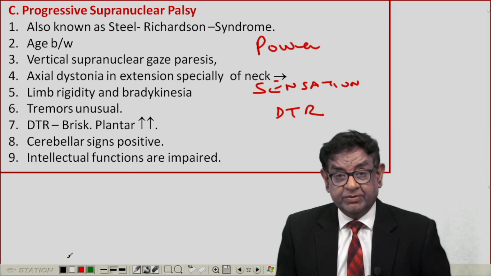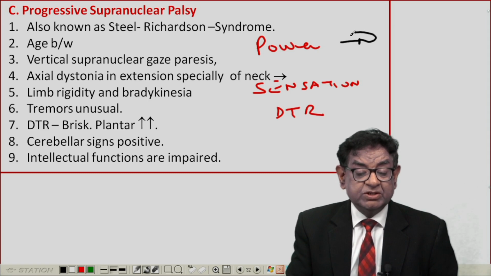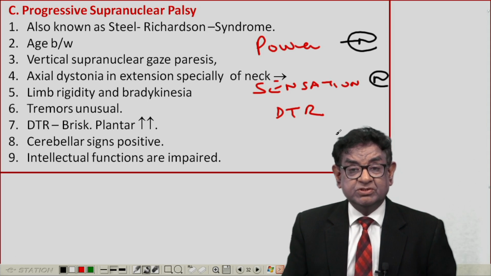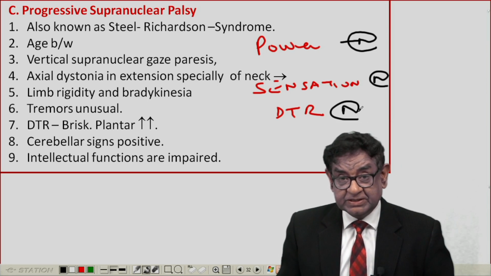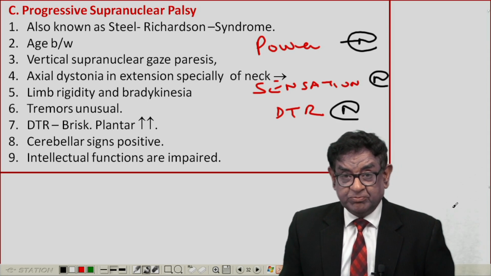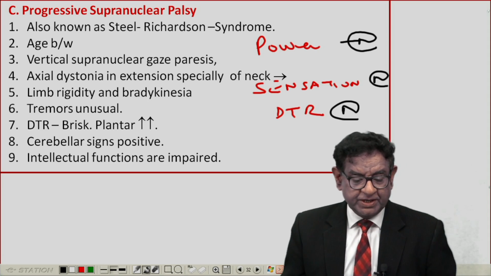Well, I hope you have written the answer. So remember, in Parkinson, muscle power is normal, sensory system is normal, and deep tendon reflexes are normal, despite the slowness of movement. This is a very, very important point that you have to remember.